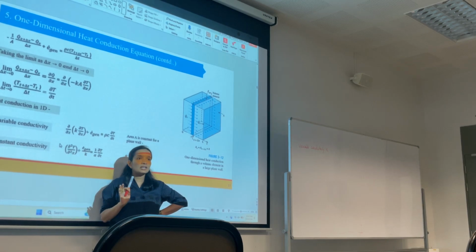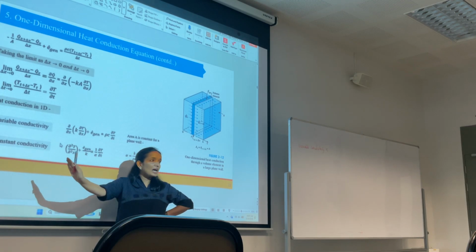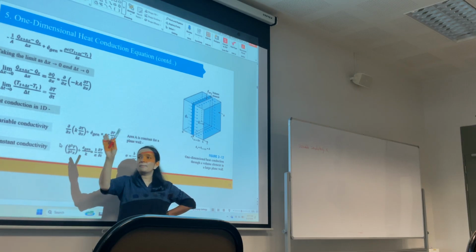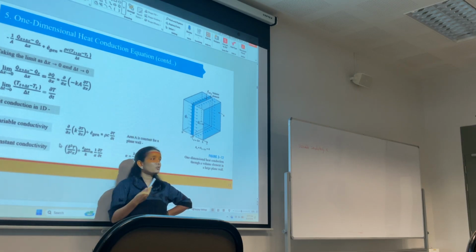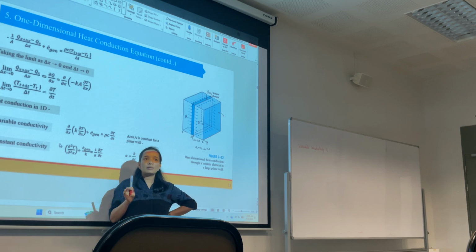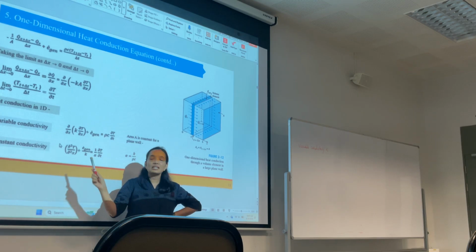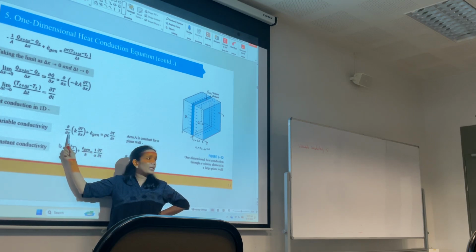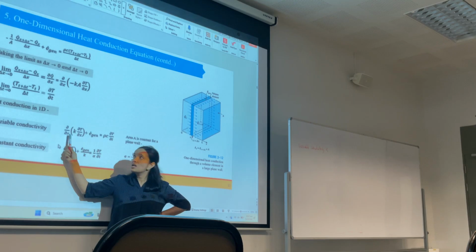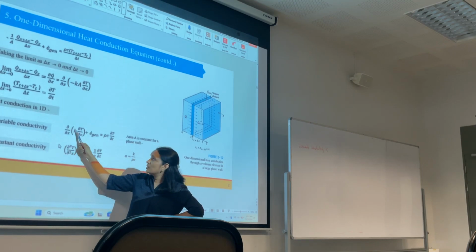So if you are manufacturing a plane wall, a window, and you are using a glass whose thermal conductivity changes with temperature, you want to study the heat transfer in that glass, you will use this equation, variable conductivity. So you know the K value.